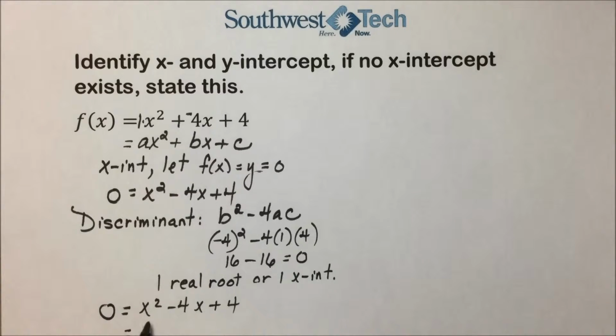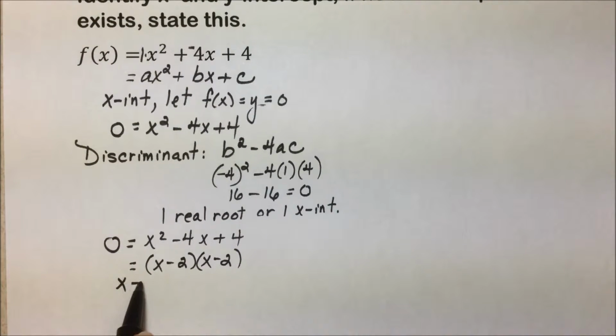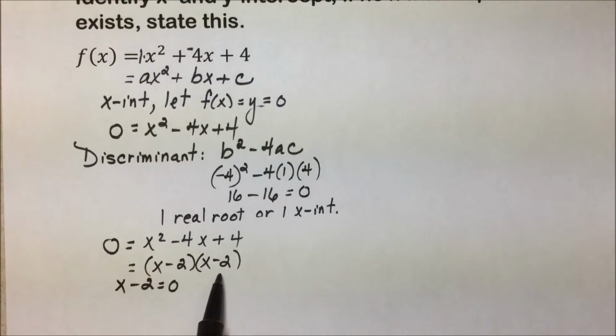This is a perfect square trinomial, factoring into x and 2 in the first and last terms. Both signs are the same, both are negative. Using the zero property, that means x minus 2 equals 0, or x minus 2 equals 0, which we already have.